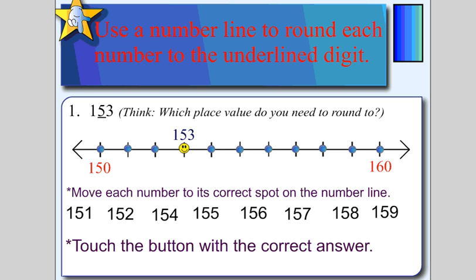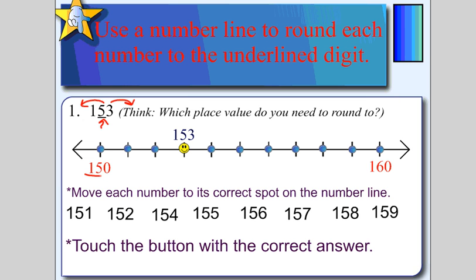This time I want to round 153 to the nearest 10. You'll need to watch out because on the test it won't always be to the greatest place value. Sometimes you're going to round to something in between. So if I'm going to round to the nearest 10, I know I need to find the 10 that goes before it and the 10 that goes after to decide which I'm using.